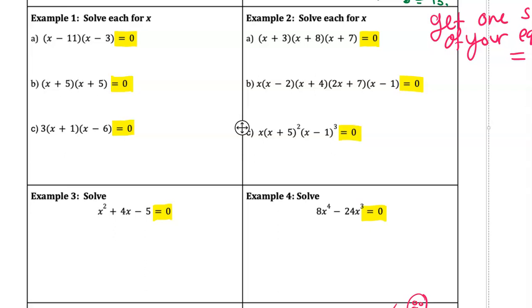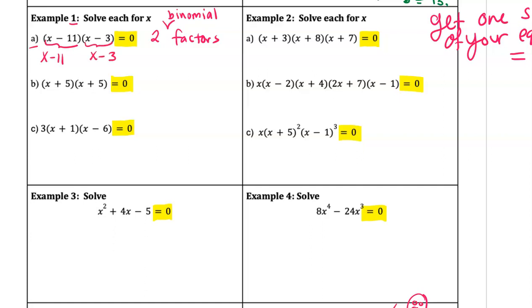We'll start with example 1a. This first example is just to illustrate how we handle our solutions and how we view our factors. In example 1a, I want you to notice that there are two binomial factors. I want you to see them as one whole thing. My first factor is x minus 11.